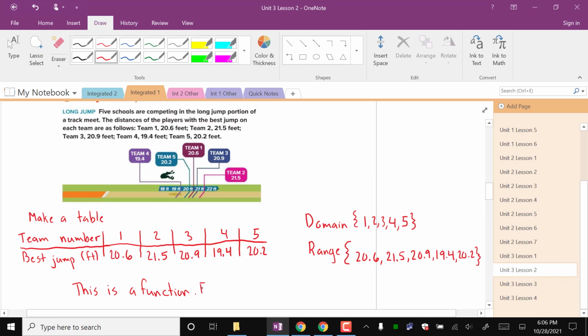For each element in the domain, there is only one element in the range.